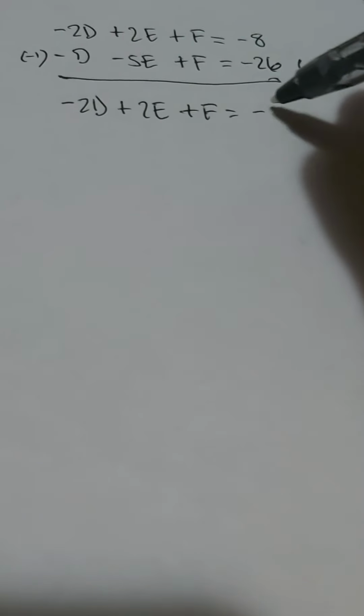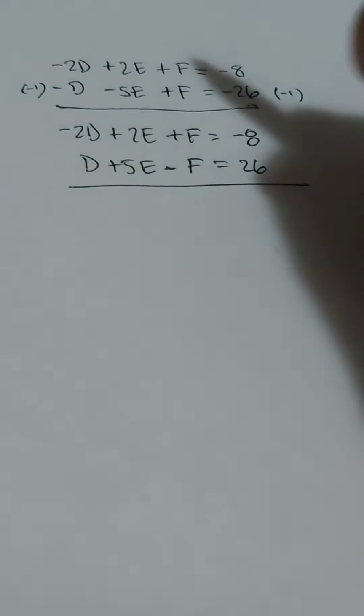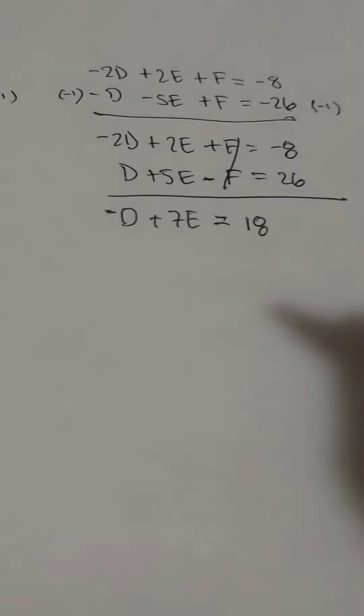So we get negative 2d plus 2e plus f equals negative 8. d plus 5e minus f equals 26. Now we get negative 2d plus d, that's negative d. 2e plus 5e, that's plus 7e. Cancel f, equals negative 8 plus 26, that's positive 18.